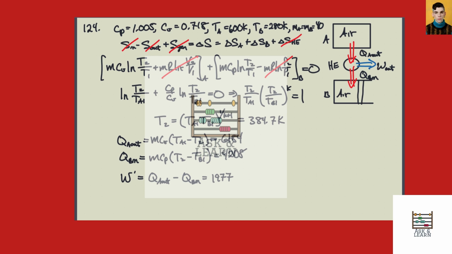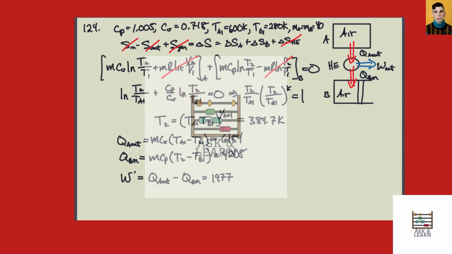So we get the natural log of T2, the temperature of all of this stuff as it equilibrates, over TA1, plus the ratio of the heat capacities, K, times the natural log of T2 over TB1.